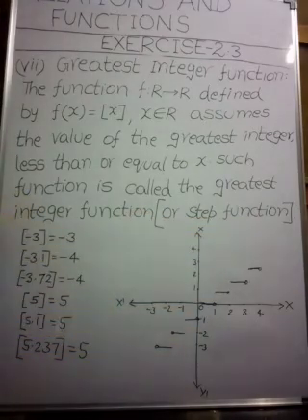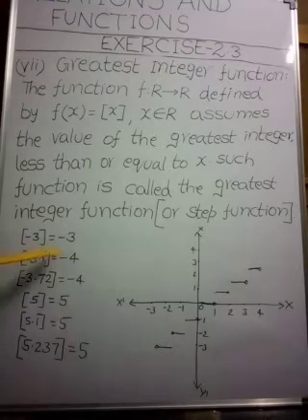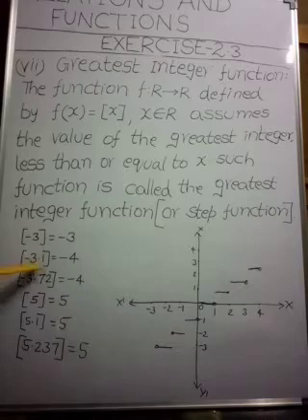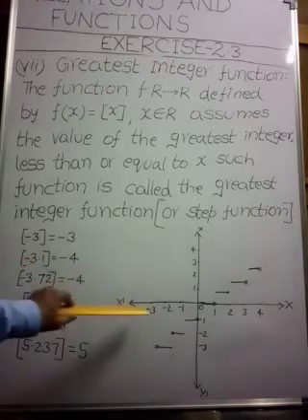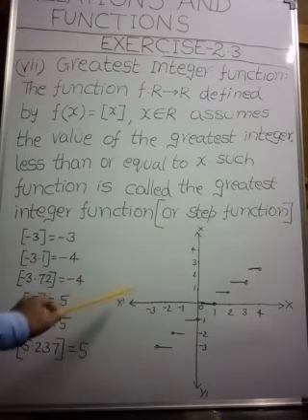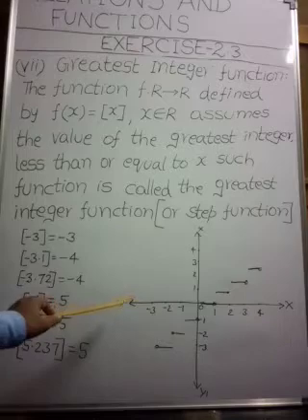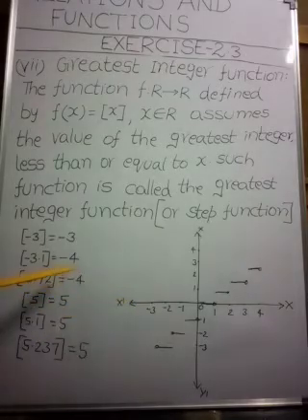Let us see some example. Let us take some example to understand this function. Step minus 3 value is minus 3. Step minus 3.1. If you observe, this number on the number line lies between minus 3 and minus 4, then the left side integer is considered as its value. So minus 4.